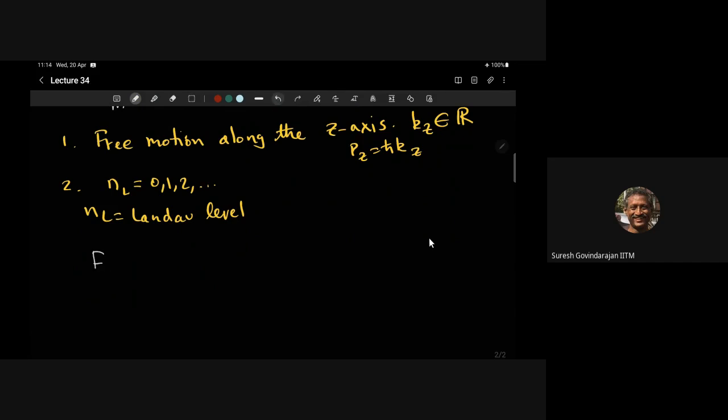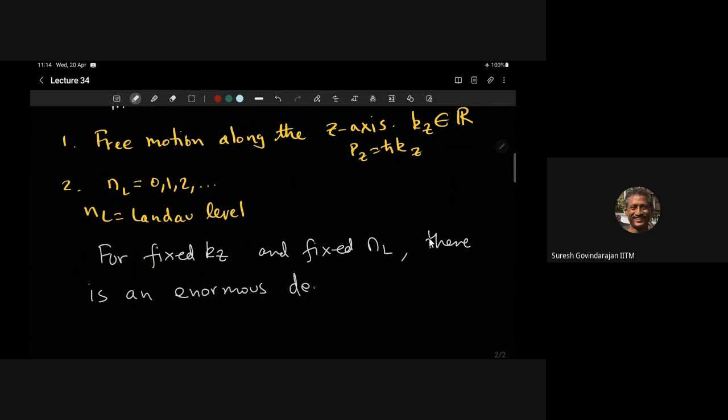First thing is, let me just say that for fixed Kz, I should fix Kz because Kz is some continuous number, I can vary and get any value. And for fixed NL, there is an enormous degeneracy, which is labeled by just a random number, actually, alpha, which runs from 1 to G, where G is the degeneracy.